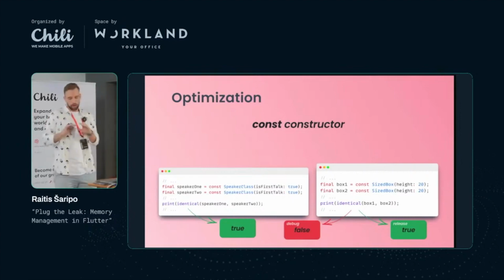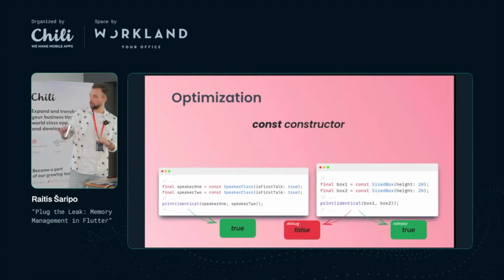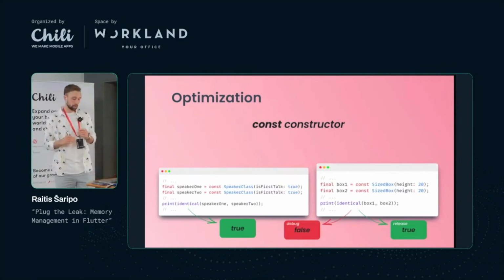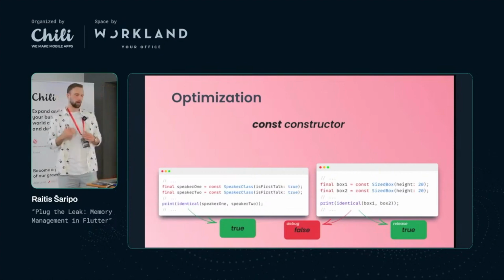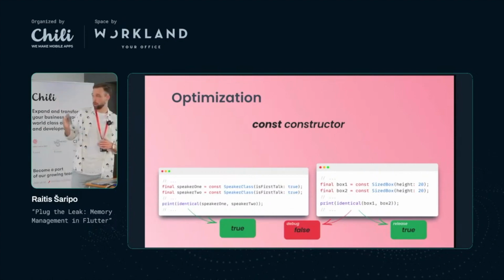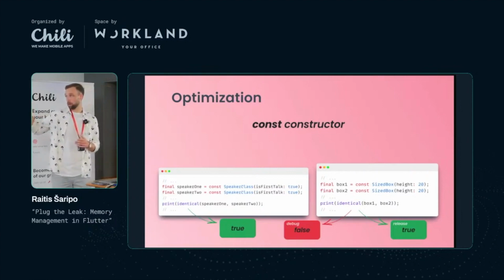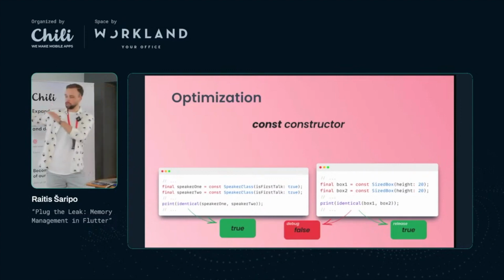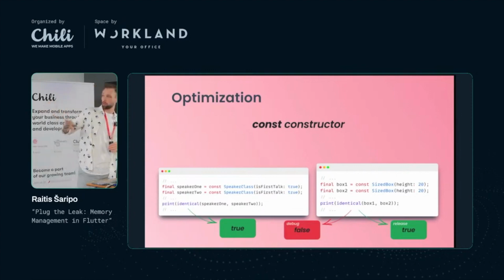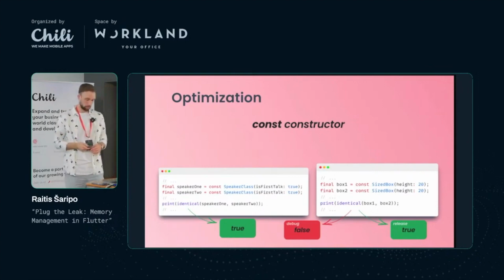And the thing is, you don't have to worry about it because in debug mode, the const canonicalization is still performant enough and you still get all the performance gains from it. On the other hand, this is specific to widget constant canonicalization. With regular constants, it works well in either build mode.